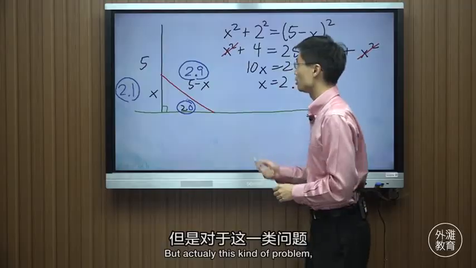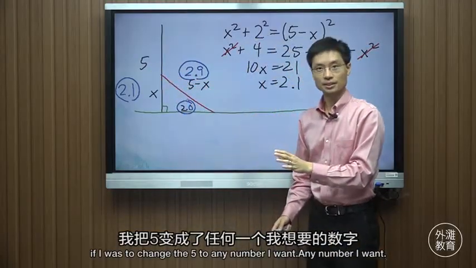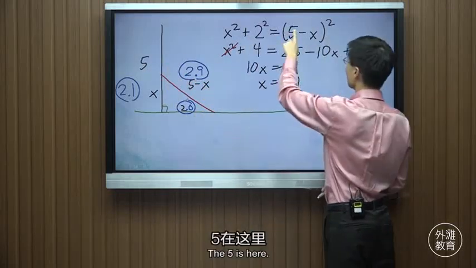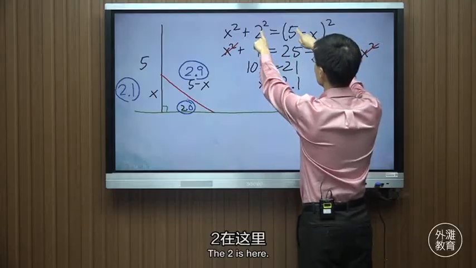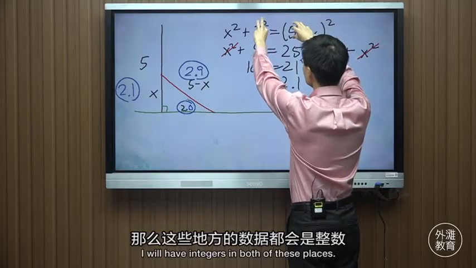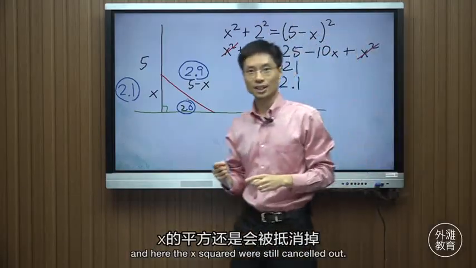But actually, this kind of problem, if I was to change the 5 to any number I want, look at where the 5 comes in. The 5 is here. And if I change this 2 to any number I want, the 2 is here. If I change both of those to integers, I will have integers in both of these places and here, and the x squared will still cancel out.